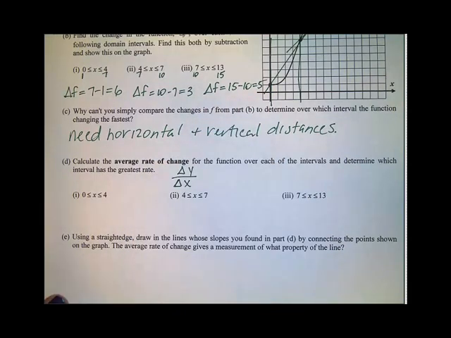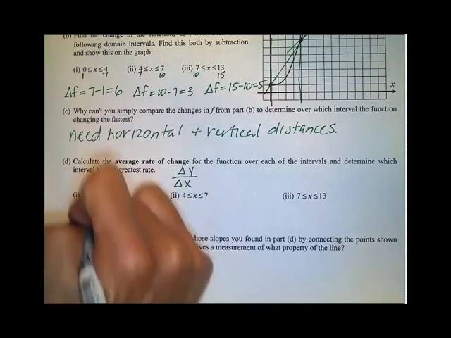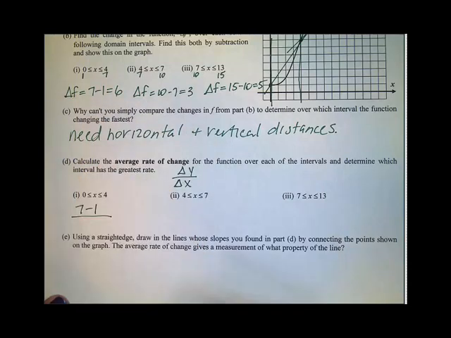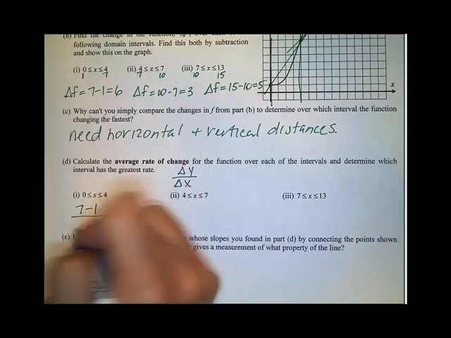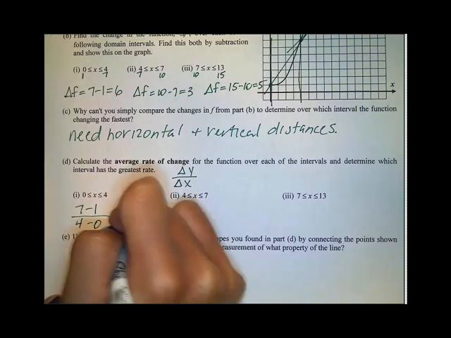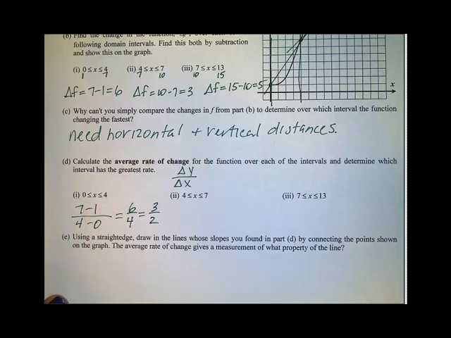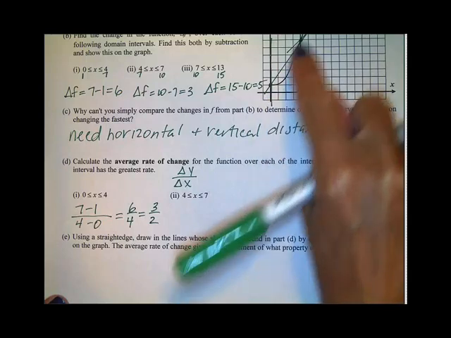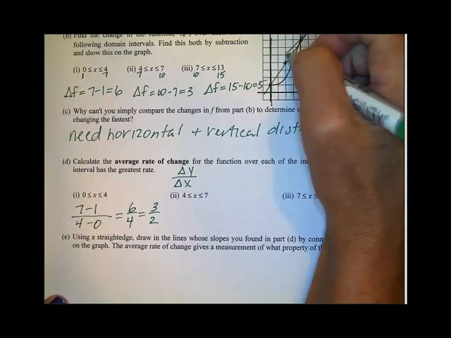So the change in y, we said, was 6, or 7 minus 1, and the change in x is 4 minus 0. So 6 over 4 is the same as 3 over 2.